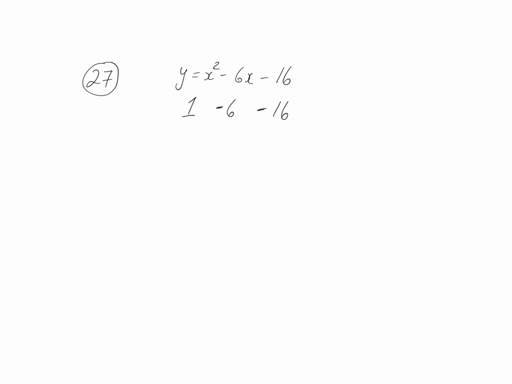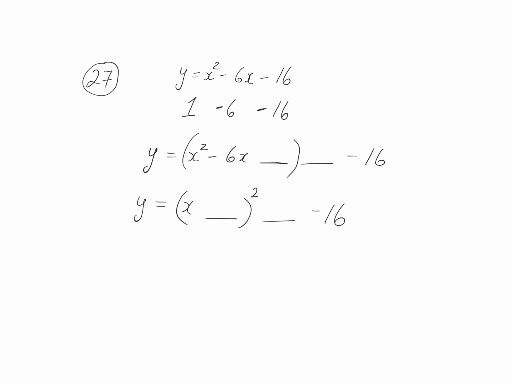To do it algebraically, though, you do it as follows. You go y equals x squared minus 6x, and then you leave a blank, and then you leave another blank, and then you go minus 16, and you group like this. Then the first parenthesis is going to become something squared, x and a number, and then you'll have those two numbers again, minus 16.